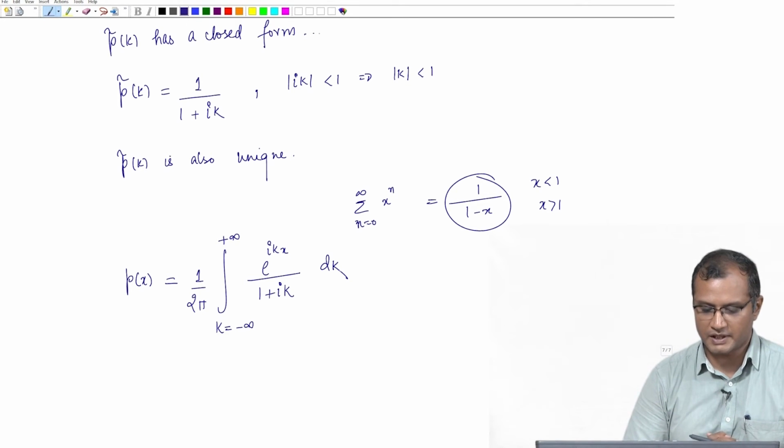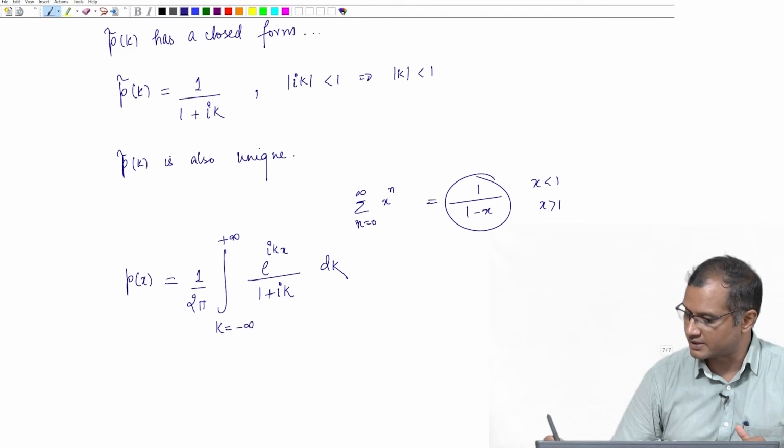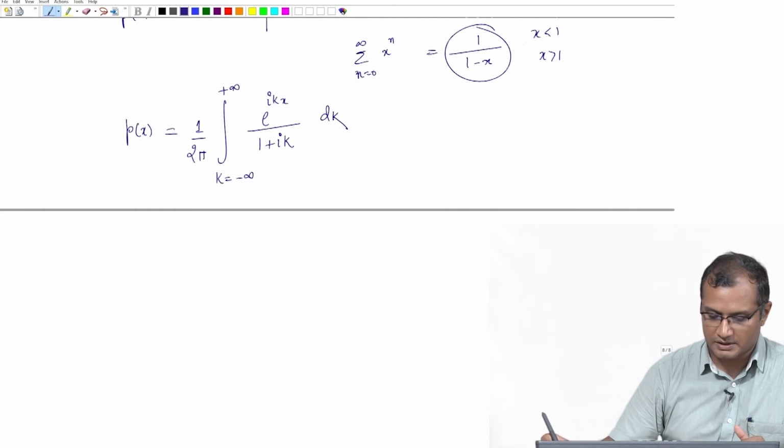This is the inverse Fourier transform of my PDF. The PDF is the inverse Fourier transform of my characteristic function, which is 1 upon 1 plus I k.